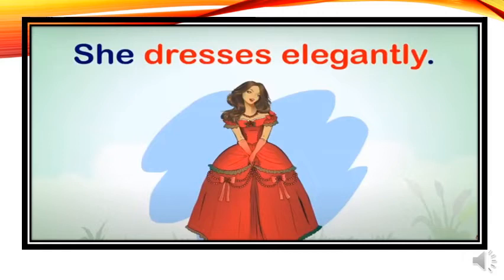At first, the word elegant was an adjective, and it described the noun, that was a dress. Now, we have changed it into an adverb elegantly, and now it describes what? It describes the verb dresses. So, you see, an adverb describes a verb and an adjective describes a noun. So, this is the difference.